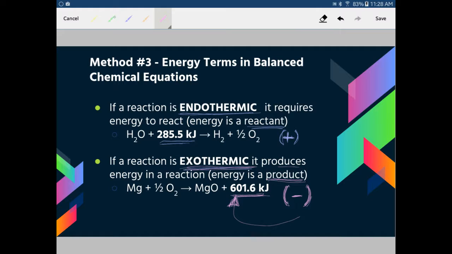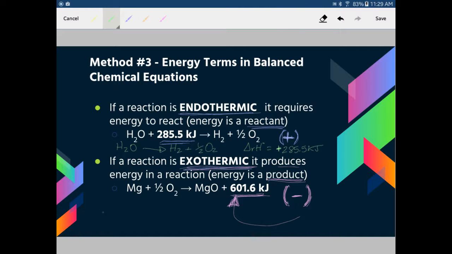So if I was to write out my equations here with method 2 below, I would write down that my reaction would look something like this. This is a positive 285.5 kilojoules.